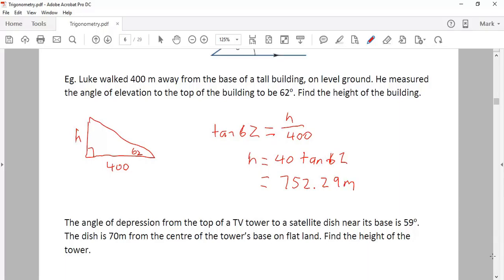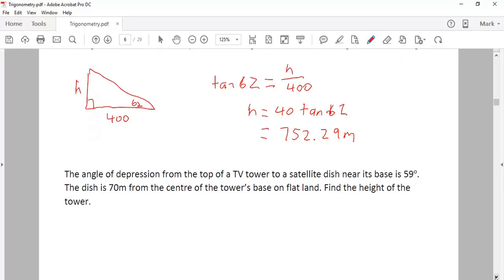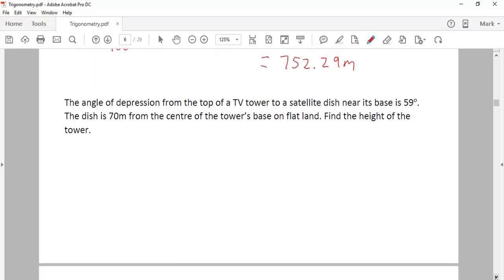Alright, so the next one. Now it's the angle of depression from the top of a TV tower toward a satellite dish. That's our tower there and the satellite's on the bottom. The angle of depression is 59 degrees. So that's the angle there.